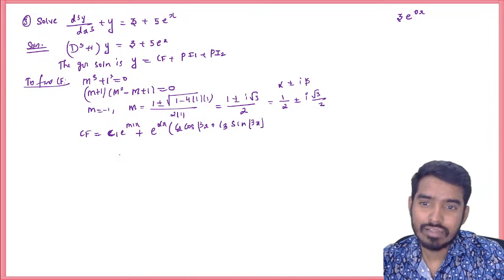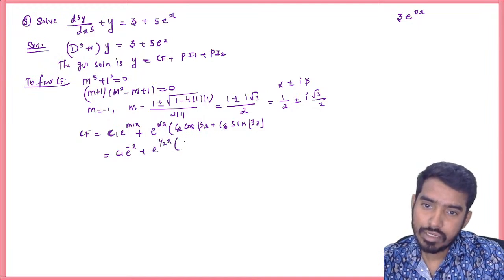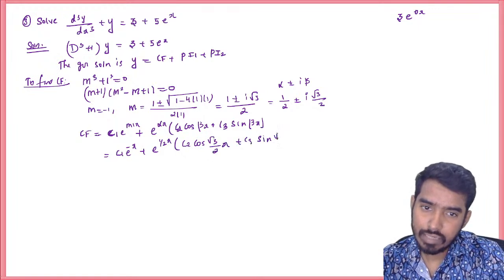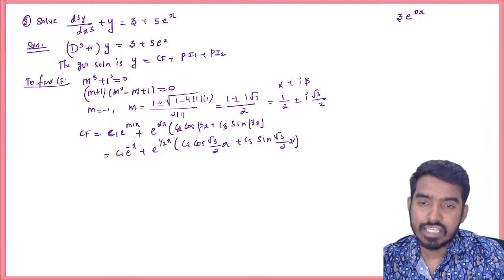I have already listed out all the formulas in the previous class itself. So it is C1 e power minus x plus e power alpha x into C2 cos beta x plus C3 sin beta x. This is the required CF, right?